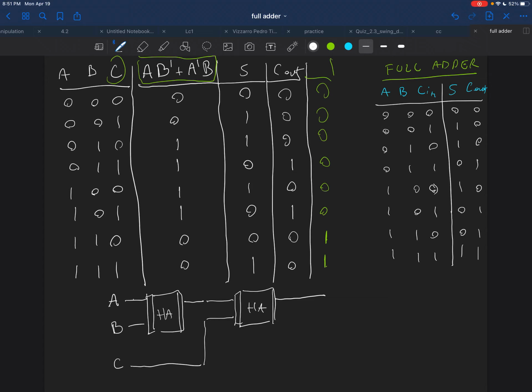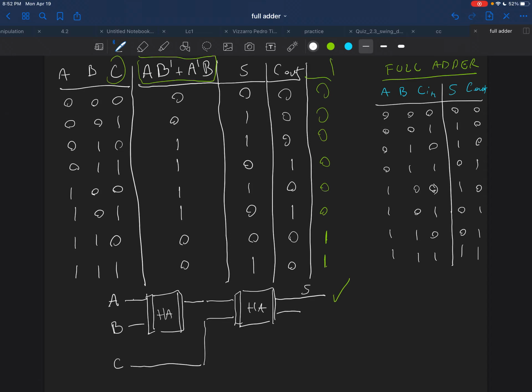And the S that produced is actually our target S. So I'm going to put a differently colored check mark there, and voila, excellent. That's what we wanted. Now we know what this Cout is.